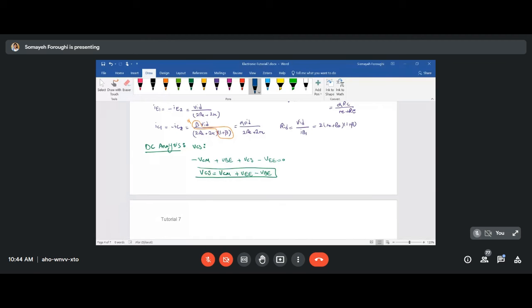So I can say the circuit in part A allows a more negative value of VCS. So that's it for this question.